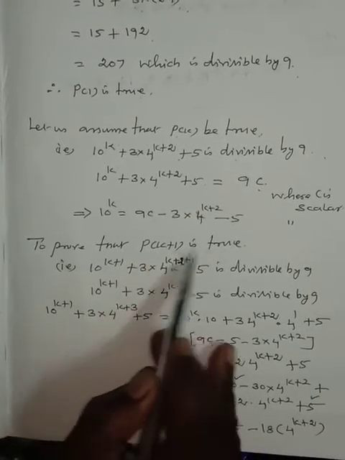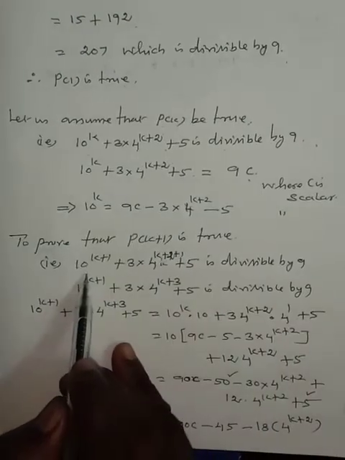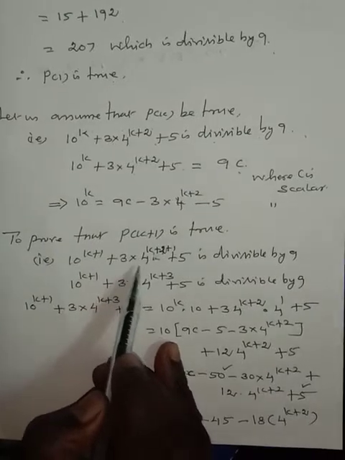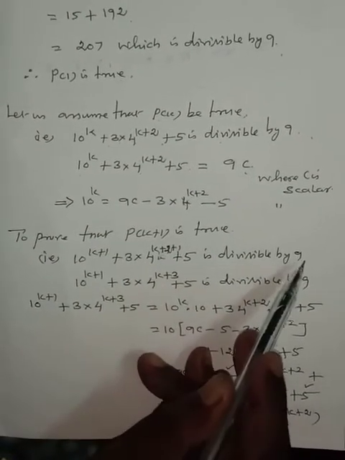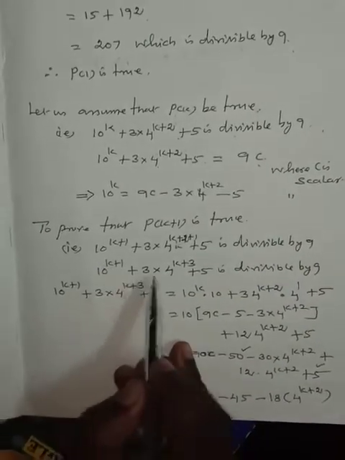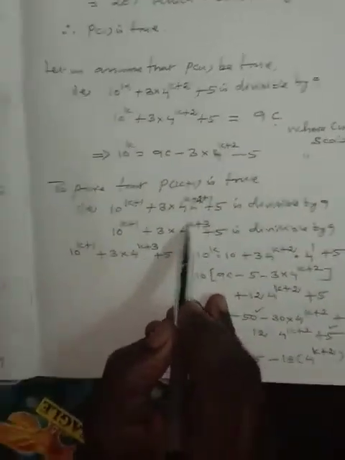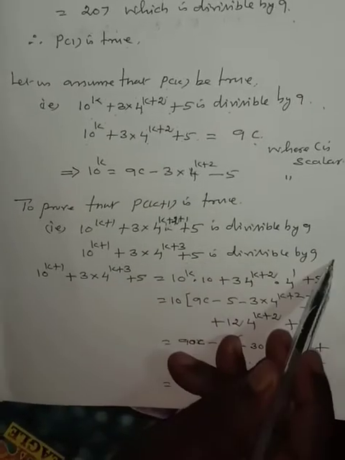Next, to prove that P of k plus 1 is true, that is 10 power k plus 1 plus 3 into 4 power k plus 2 plus 1 plus 5 is divisible by 9. That is 10 power k plus 1 plus 3 into 4 power k plus 3 plus 5 is divisible by 9.